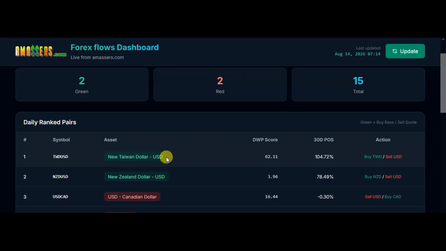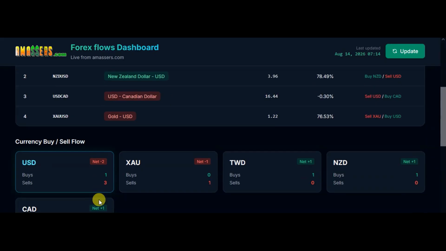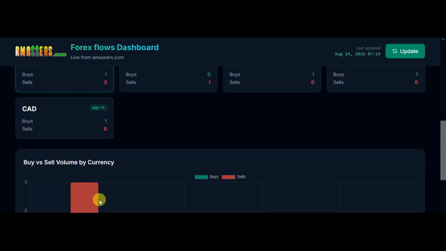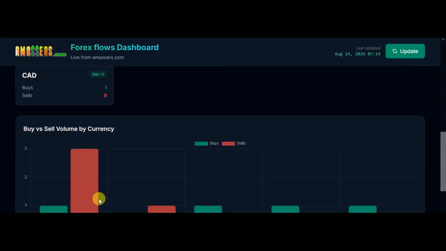This is happening, but this doesn't access the news. I want to show you guys on a daily basis. This is looking at the numbers, the data, and statistics, and that's how it's arriving at the unusual activity with the new Taiwan dollar. Okay, that's on a daily basis.